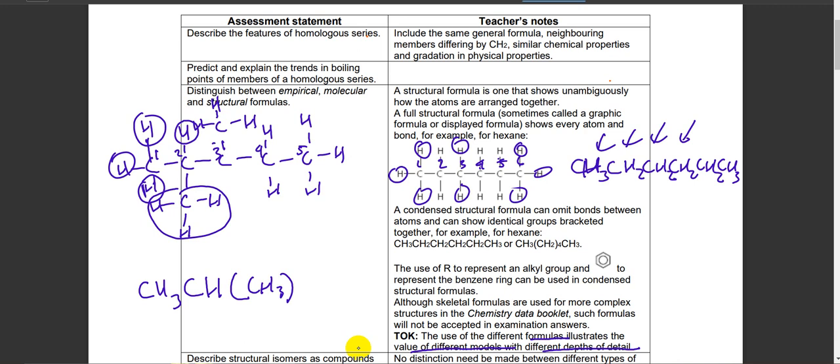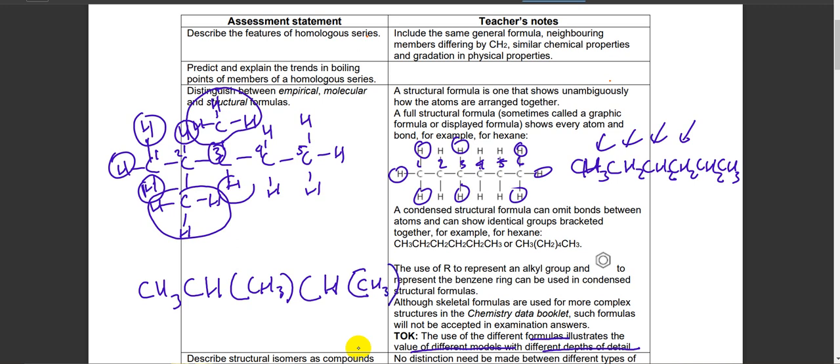And then C number 3 has 1 CH3 and 1 hydrogen again, so CH and then bracket CH3.